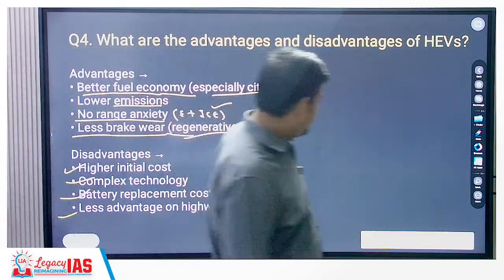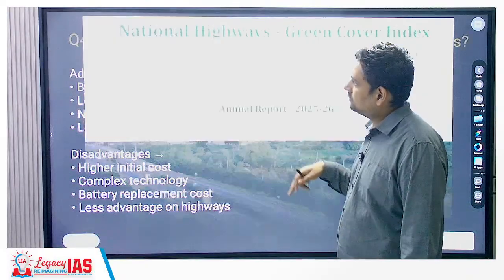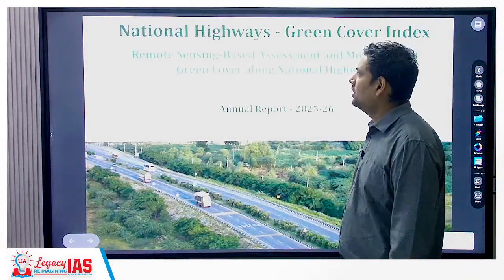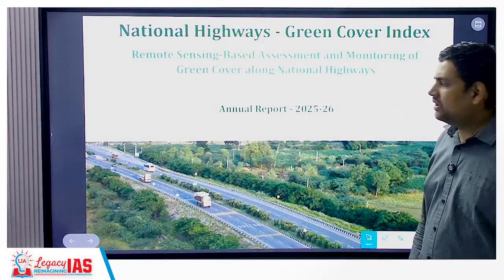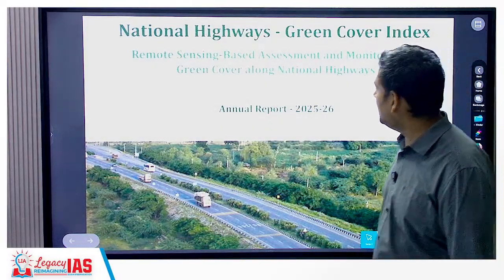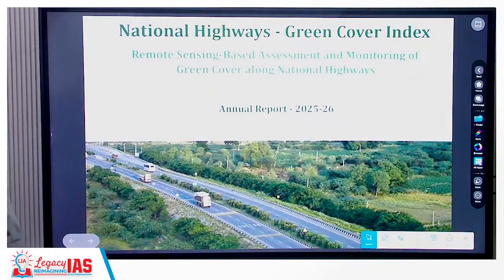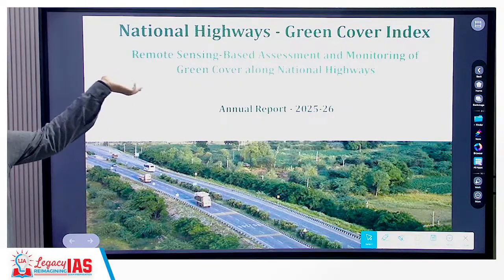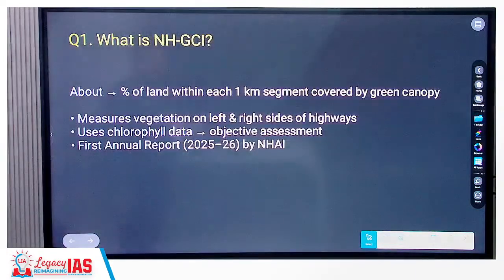Okay. Now last topic is the National Highways Green Cover Index. So this is the first green cover index that the national highways have released. Now this was based on remote sensing and satellite data instead of on-ground practice. Now let's see this.